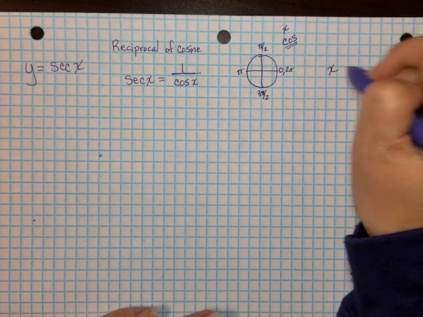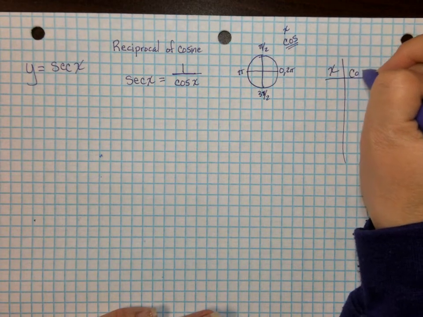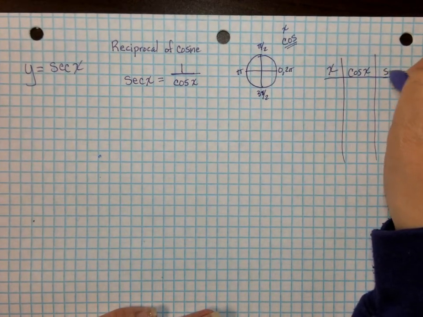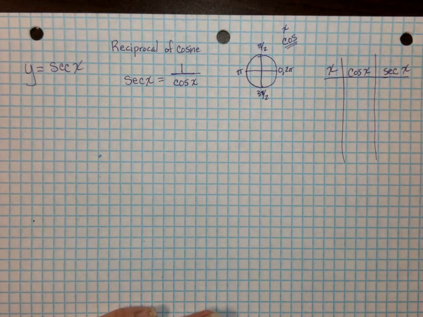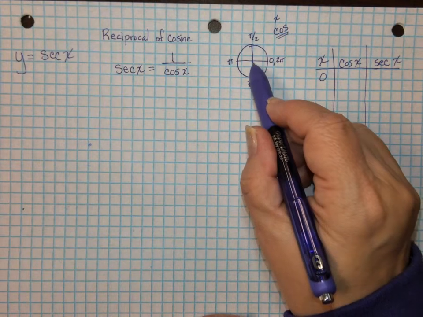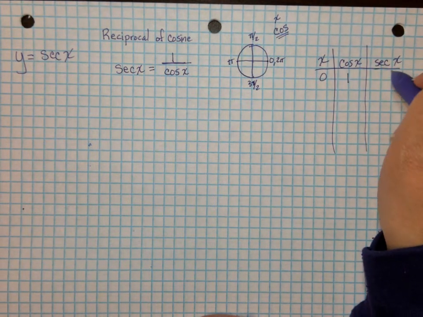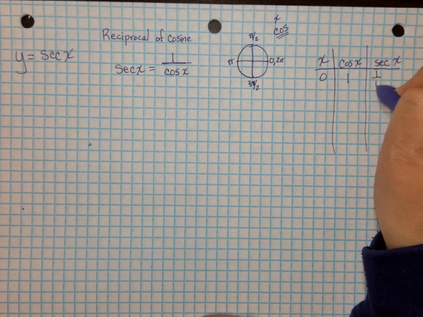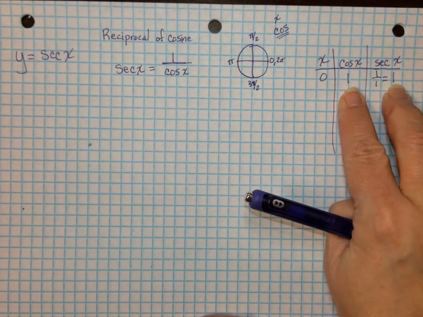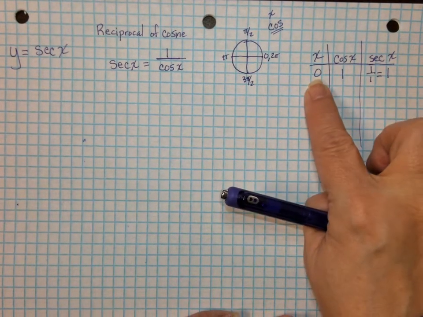So we're going to make a table for x, cosine x, and then secant x. So at 0, cosine is 1. So secant is 1 over 1, which is 1. So cosine and secant have the same value when x is 0.